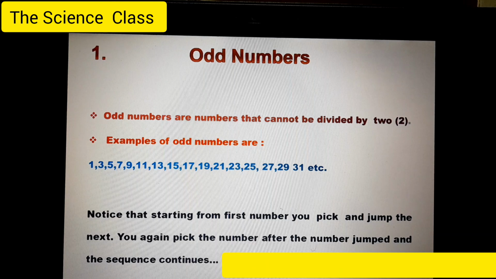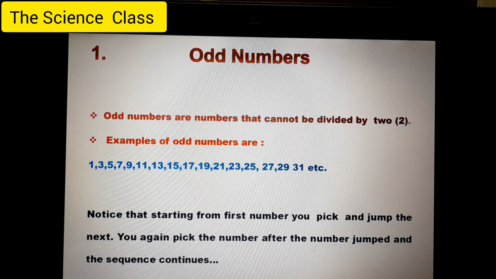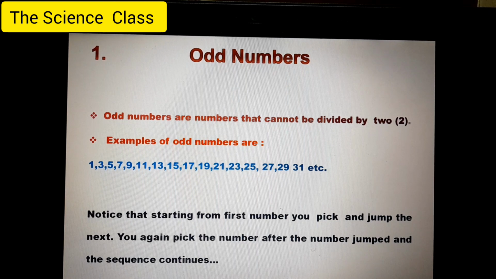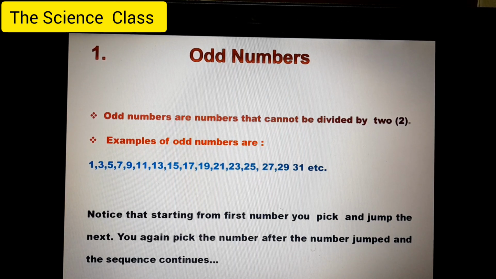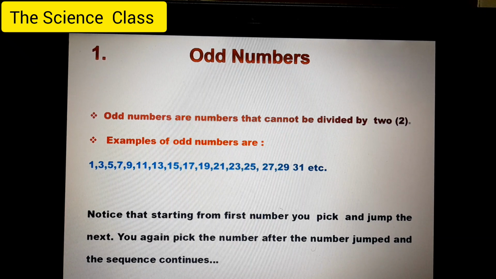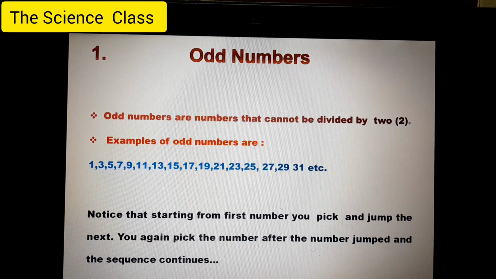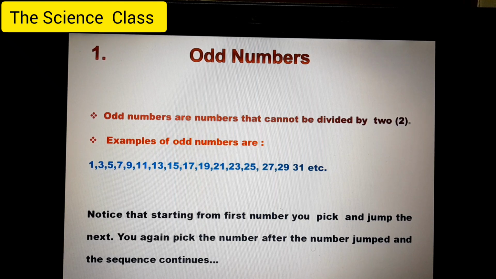Examples of odd numbers are 1, 3, 5, 7, 9, 11, 13, 15, 17, 19, 21, and it goes on and on. From the series of numbers that is written, you can see that the first number you pick, you jump the next, then you pick the one after the one you jumped, and then you jump another one.